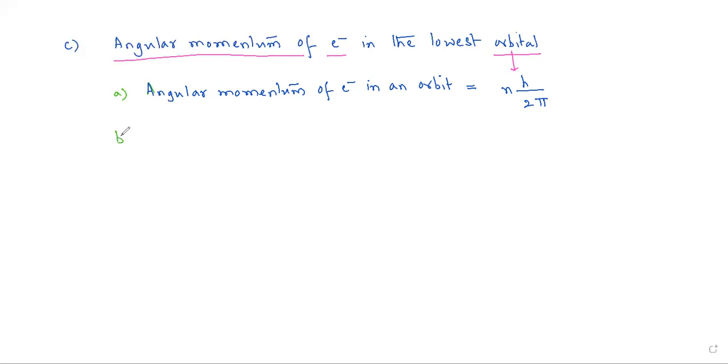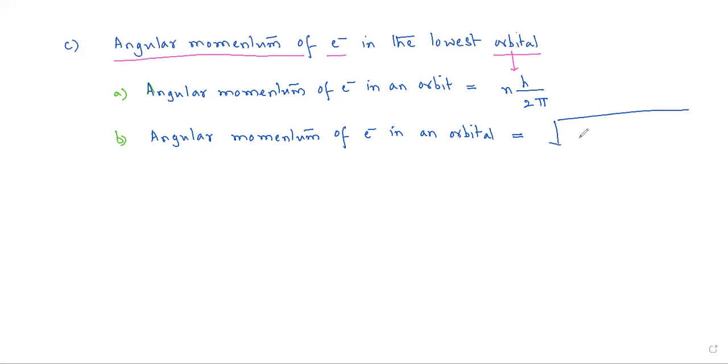Now coming to the second, angular momentum of electron in an orbital. Two things are different. So this can be given as root over L into L plus 1, of course, into h by 2 pi.